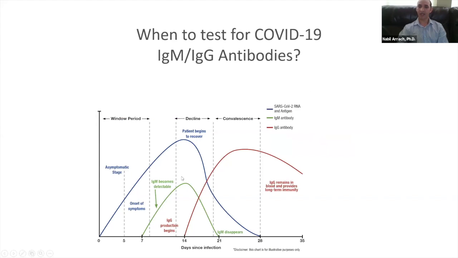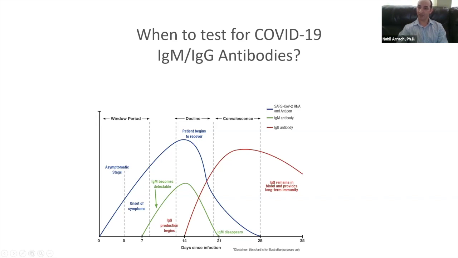So when you look at the cycle of infection, a patient that gets infected will have the viral RNA for up to 28 days, and maybe a little bit more, but we're talking about a month where the RNA is still present in the patient, not at the same concentration. It peaks at 2 weeks and starts decreasing.